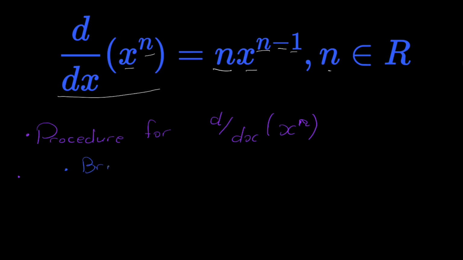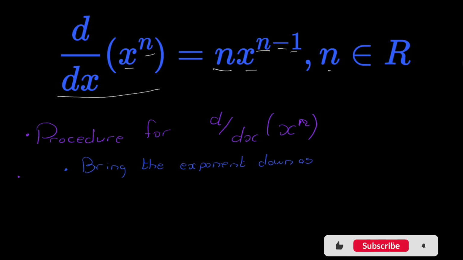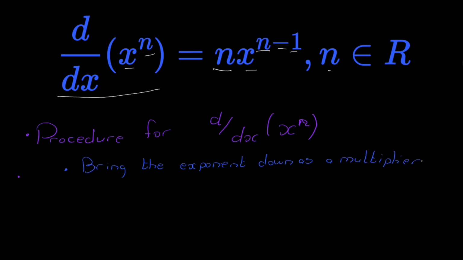Bring the exponent down as a multiplier. This can be seen as n being brought down here as a multiplier.